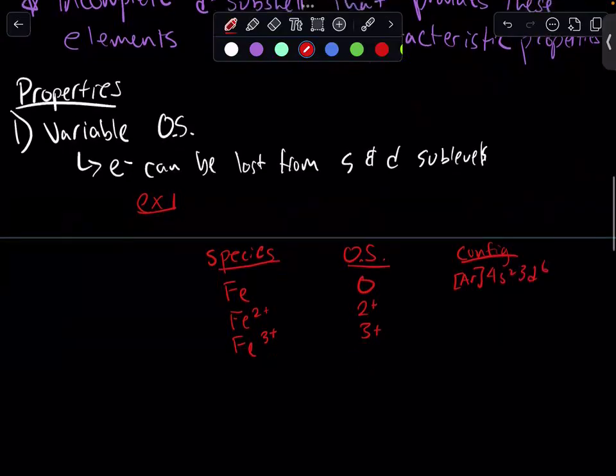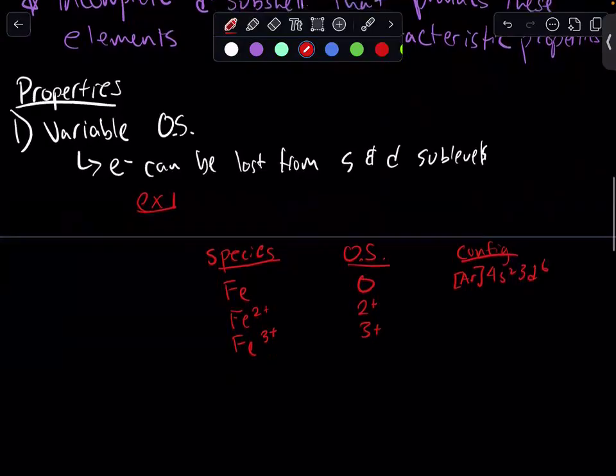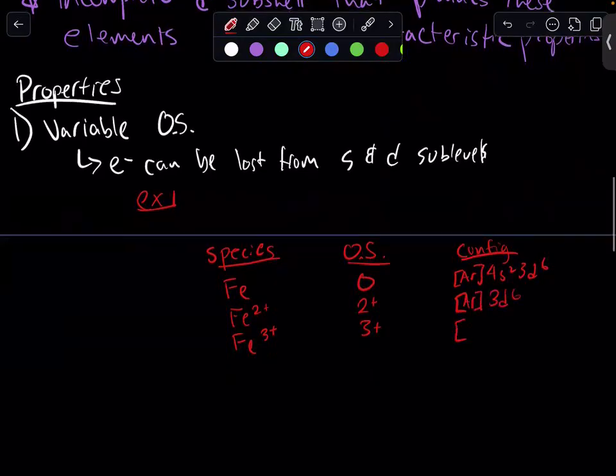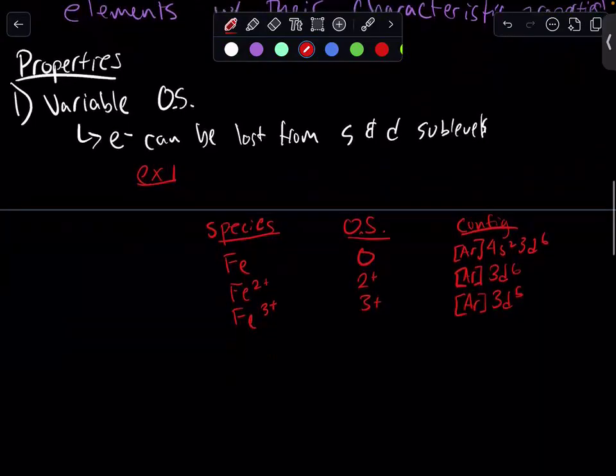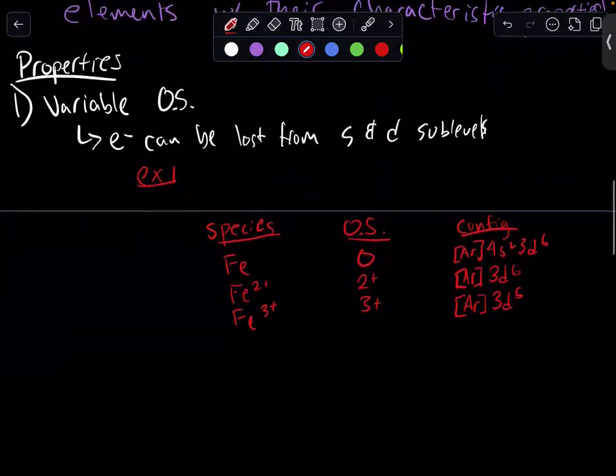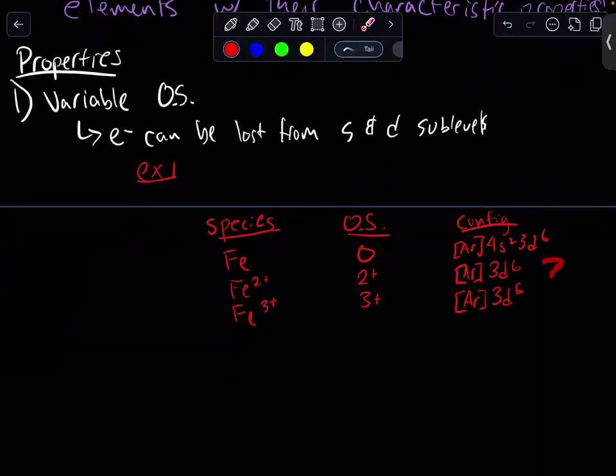And when it loses those first two electrons, they come from the S. So it just becomes Ar 3d6. And finally, it becomes Ar 3d5, having 5 unpaired valence electrons in the d sublevel. And that's what provides this variable oxidation state. It can become either of these, removing first from the S and then from the D. And that allows for iron to have multiple possible charges.